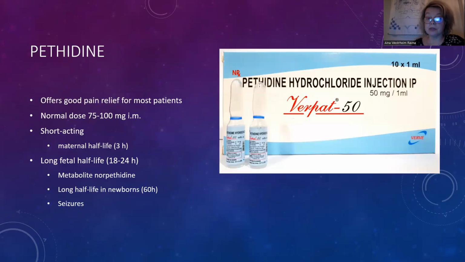It has a maternal half-life of 3 hours. In the fetus, the half-life is longer, about 18 to 24 hours. It has a metabolite, norpethidine, which has a long half-life in newborns, about 60 hours. And it may lead to seizures in the baby.